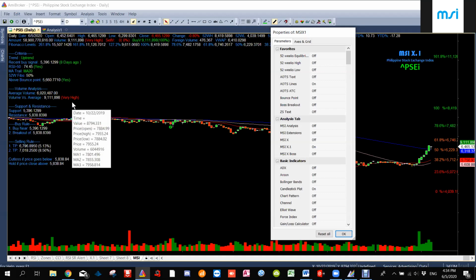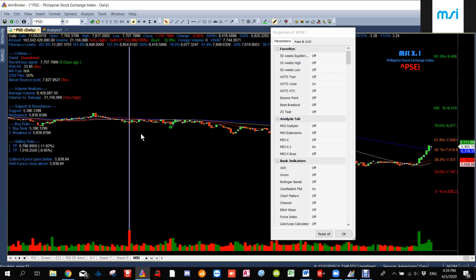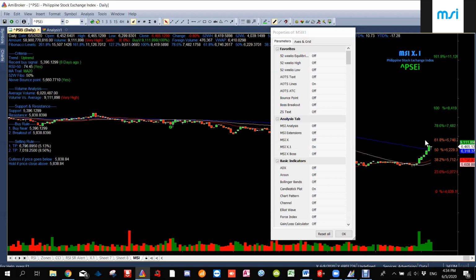So that is very high, no? And then it would suggest a support and resistance level. And there will be a buy and sell rule and a cut loss suggested area. So, susundin nyo lang to, pwede na kayo maging profitable.